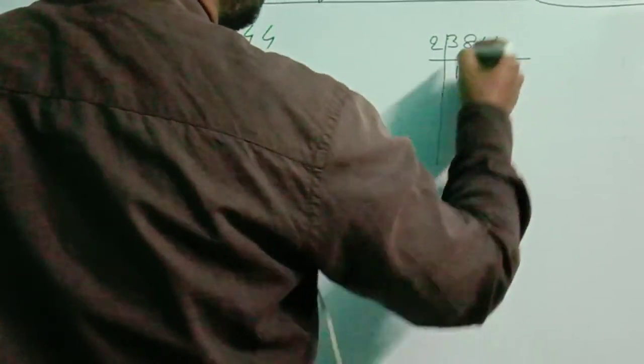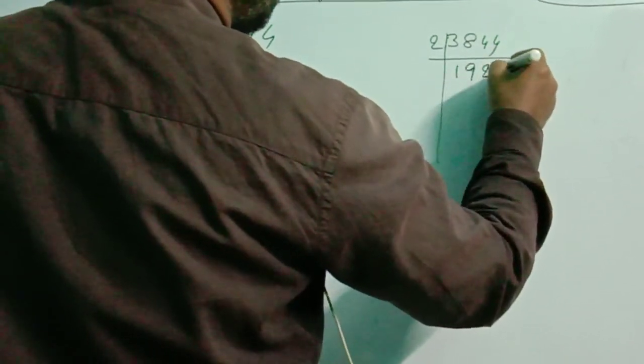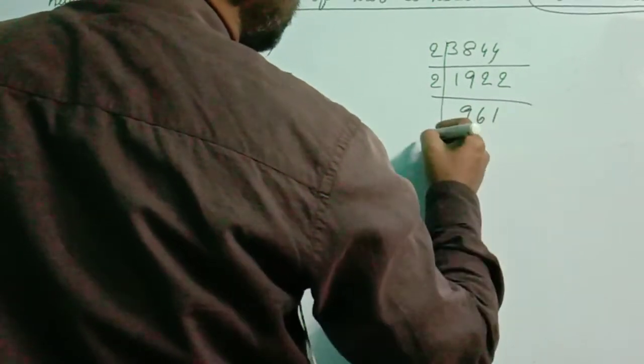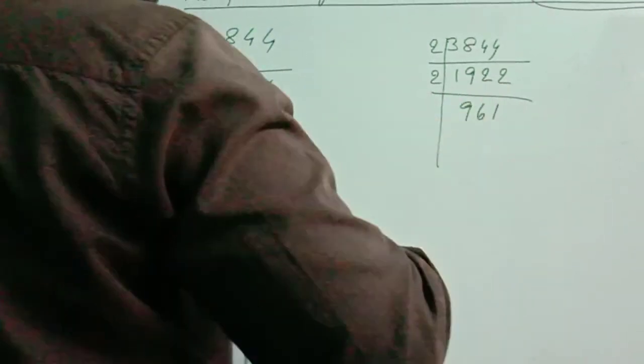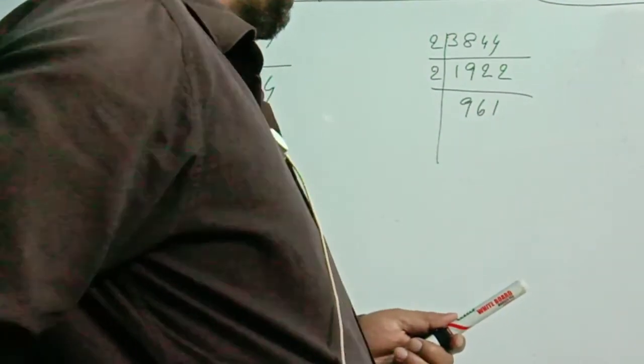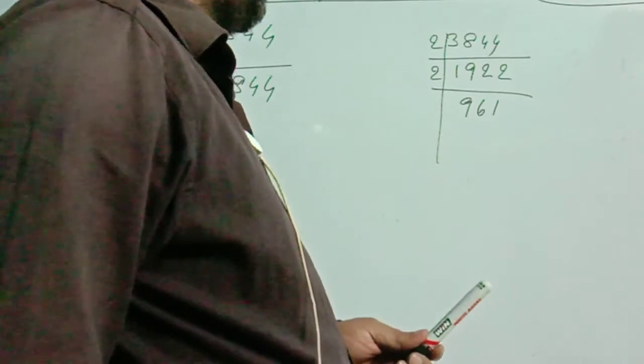2 1s are 2, 2 9s are 18, 2 2s are 4, 2 2s are 4, 2 9s are 18, 2 6s are 12. Now 961. Let us try this division by 7. 7 1s are 7, no. This 961.